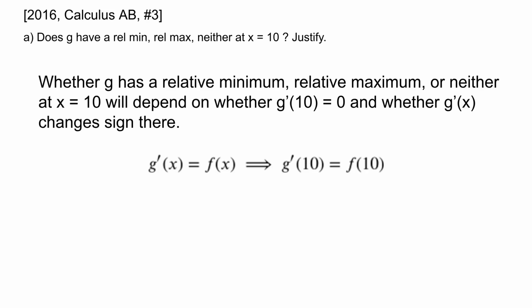Given the way g of x has been defined, g prime of x is f of x, which implies that g prime of 10 is f of 10. From the graph, f of 10 is equal to 0, which implies that g prime of 10 is equal to 0.